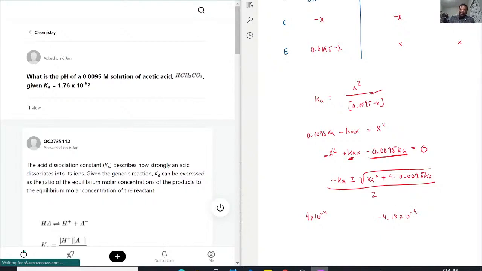So with that being said, based on these two answers, the only one that works is this one, 4 times 10 to a negative 4. That is our theoretical amount of x that's produced.